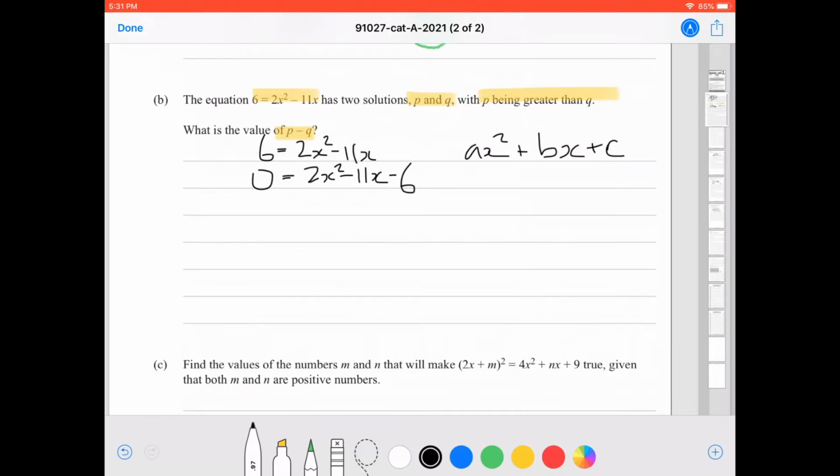So now we've got a quadratic where a is greater than 1. Obviously in this case it's 2, meaning the first thing we have to do is multiply a times c, which is in this case negative 6. It's not a, is it? It's 2. 2 times negative 6 equals negative 12.